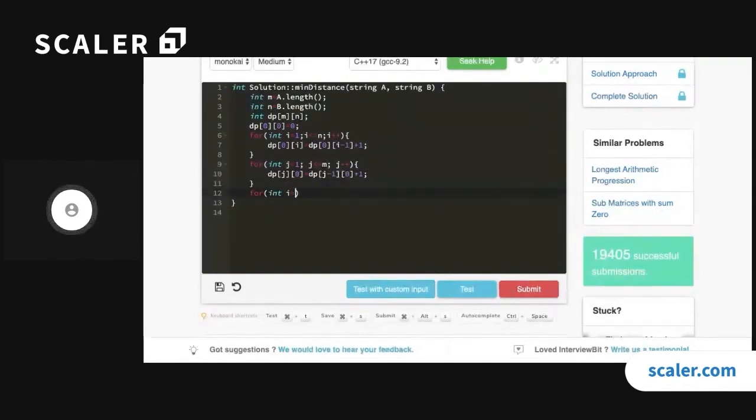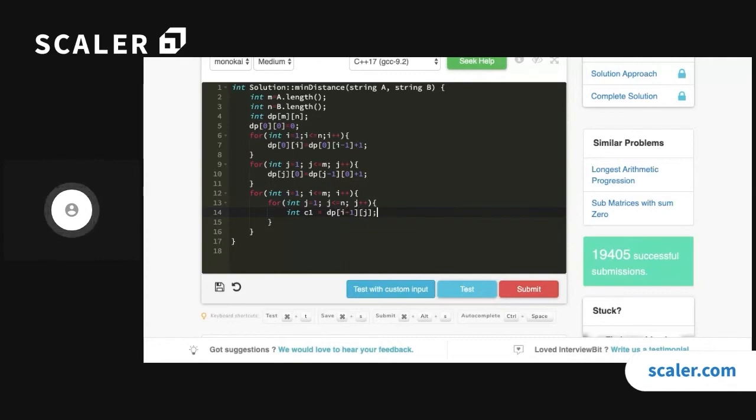Cool. Now let's move through all the cells, for i up to m, i plus plus, then for int j equal to 1, j less than or equal to n, j plus plus. Let's store the distances like this: c1, the cost, is equal to dp of i minus 1, j.